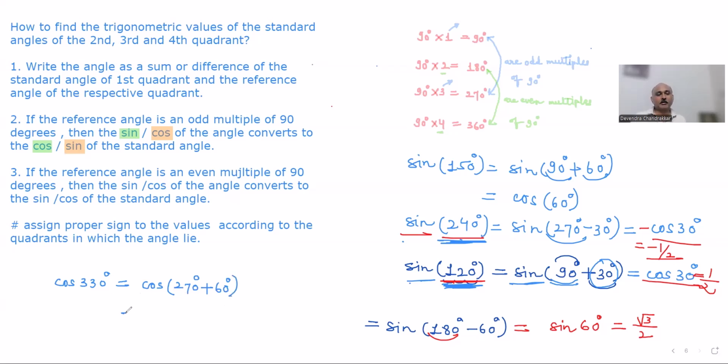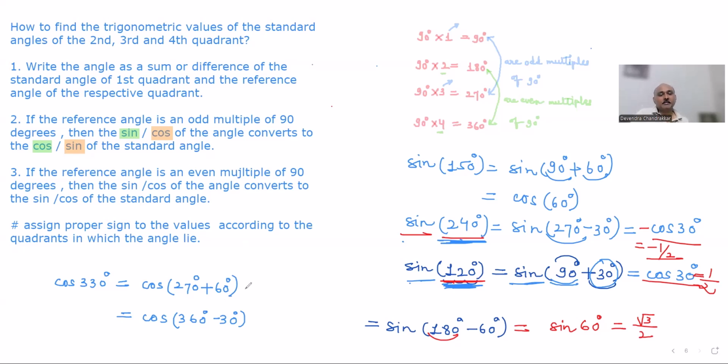Either you can write it cos 270 plus 60, or you can write it as 360 minus 30. All of you understood this, how to write it? Ranveer, you understood your mistake here? Say yes or no. Yes, sir.